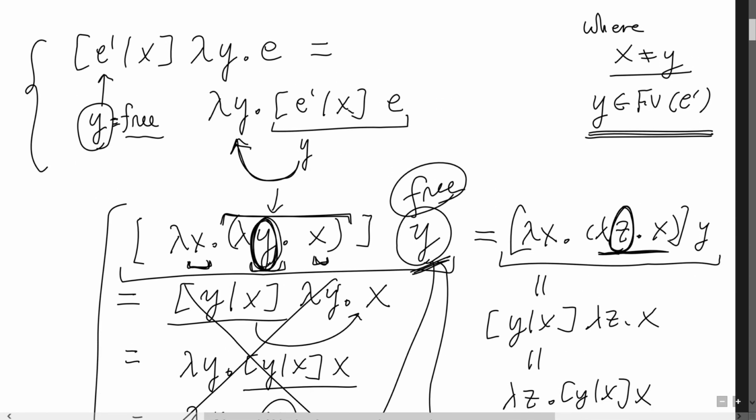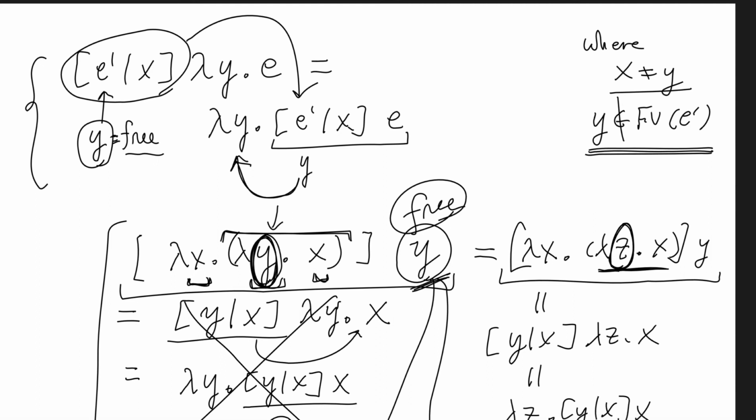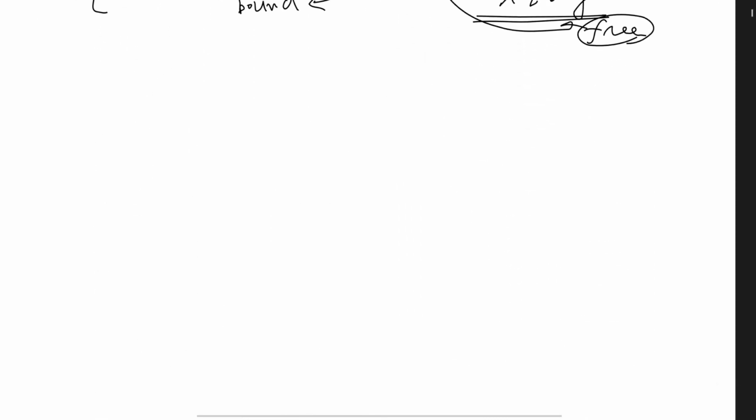So what this example suggests is we require that y should not be a free variable. If we are going to propagate this into this lambda abstraction, then we have to make sure that y is not a free variable in expression E prime. So that's the second part in the last case of substitution. So let me summarize it again.